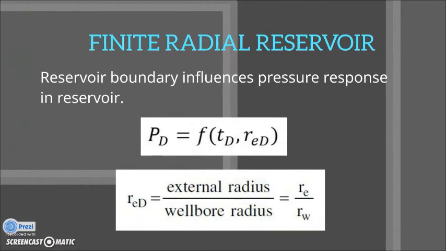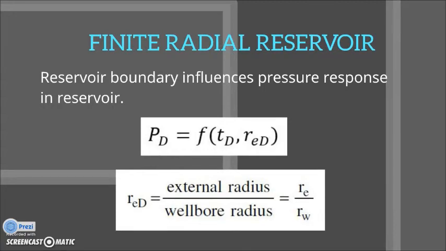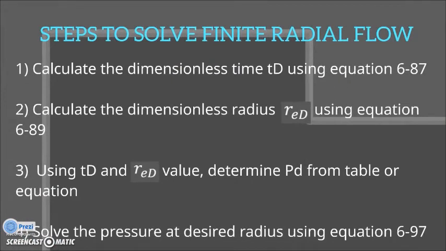For a finite radial reservoir, the reservoir boundary influences the pressure response in the reservoir as the pressure disturbance has reached the boundary. Therefore, dimensionless pressure is a function of time and radius. There are also four easy steps to solve for finite radial flow. First, calculate the dimensionless time.